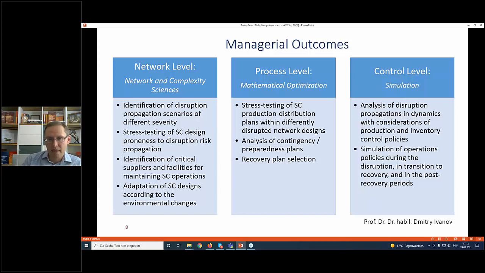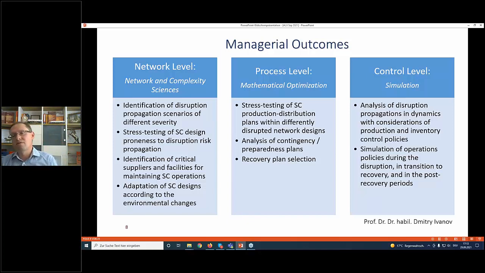Breaking down the discussion to the process level, usually mathematical optimization is applied. These methods are used for stress testing of supply chain production distribution plans within some predefined structural scenarios. They can also be used for analysis of contingency and preparedness plans and selection of recovery plans.